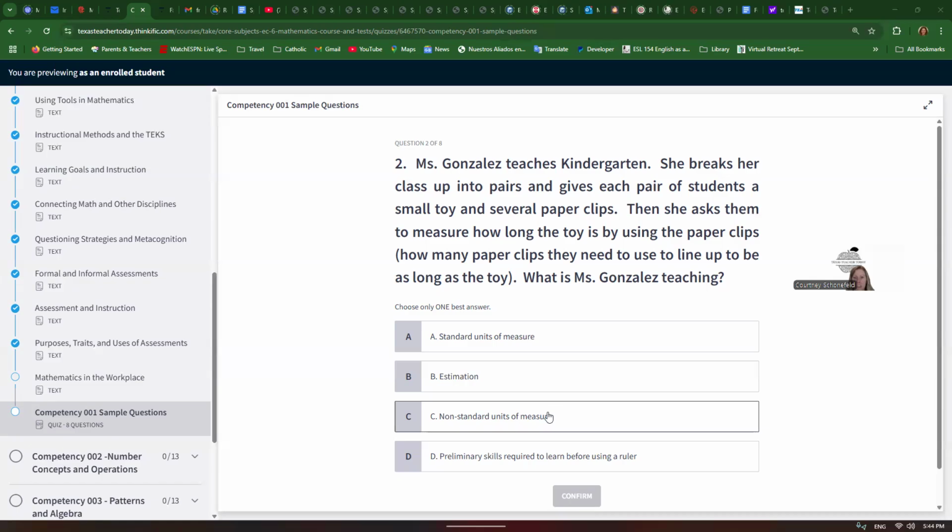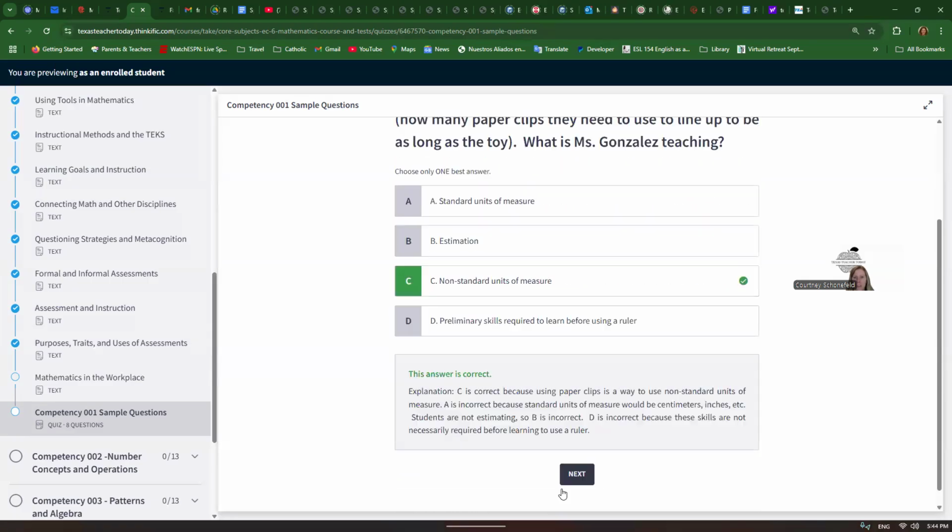The non-standard units of measure. That's right. Good job. Let's do one more.